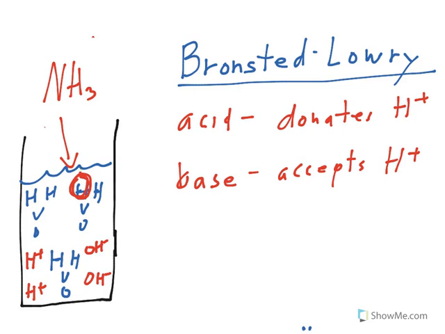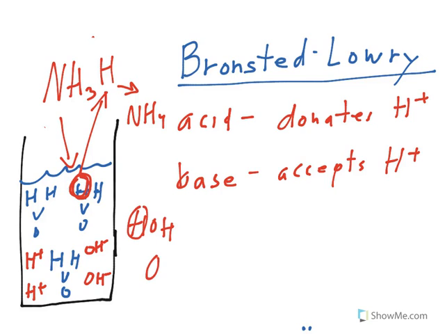What happens if I pull that out and add it to this and turn this into NH4? What's going to be left behind? Well, if I pull off this H from the HOH, look what's left behind. What's left behind is the OH minus. You see that? If I pull this hydrogen off of that water, I am left with an OH minus.